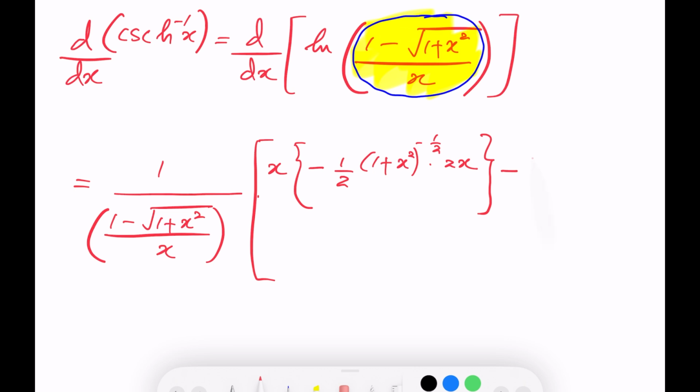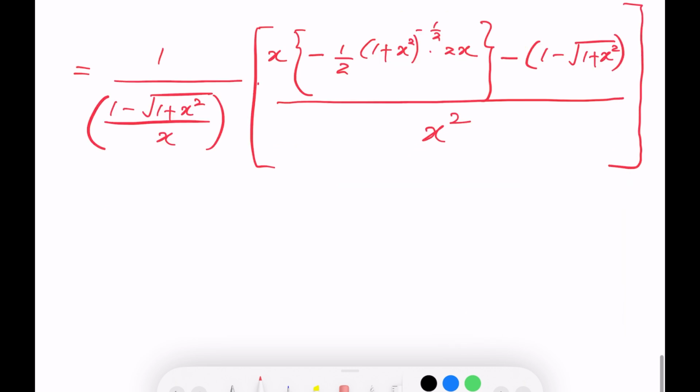So the numerator is just 1 minus square root 1 plus x squared. That times the derivative of the denominator, which is the derivative of this term x, which is a 1. So I don't need to write that down. And then all of that should be divided by the denominator squared, x squared. That's the quotient rule. Now I need to simplify this function.